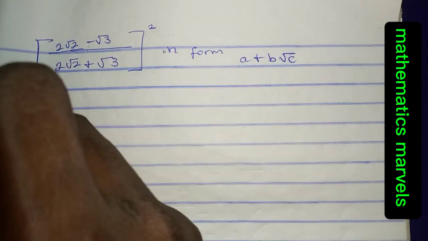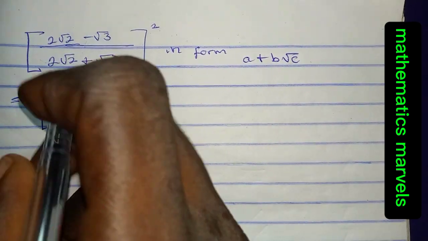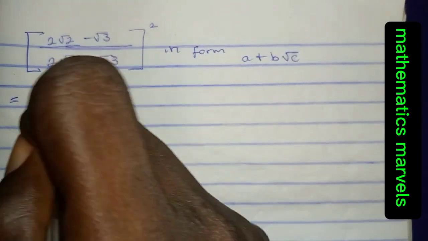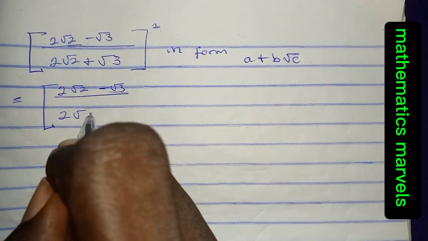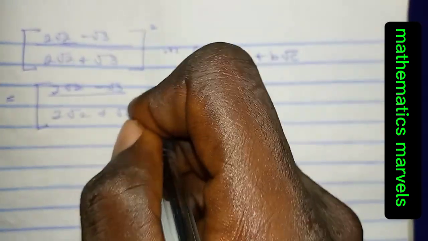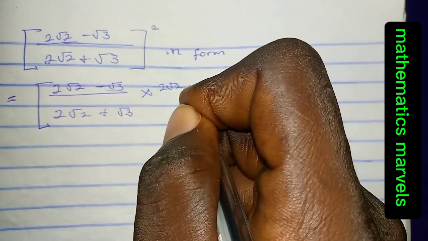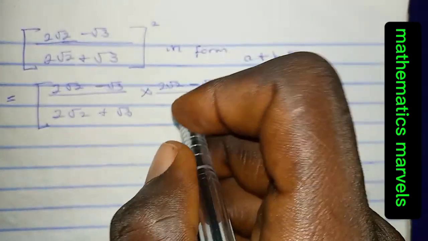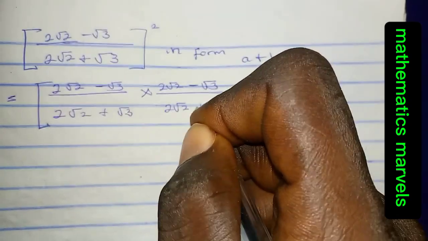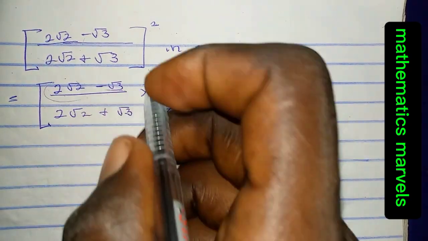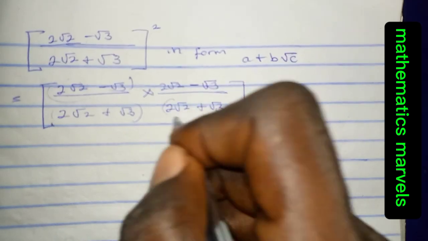So the first thing is to solve for the square, which is 2 root 2 minus root 3 over 2 root 2 plus root 3. The square, which is 2 root 2 minus root 3, we are going to multiply each other back. 2 root 2 plus root 3. So don't forget simplifying in bracket.